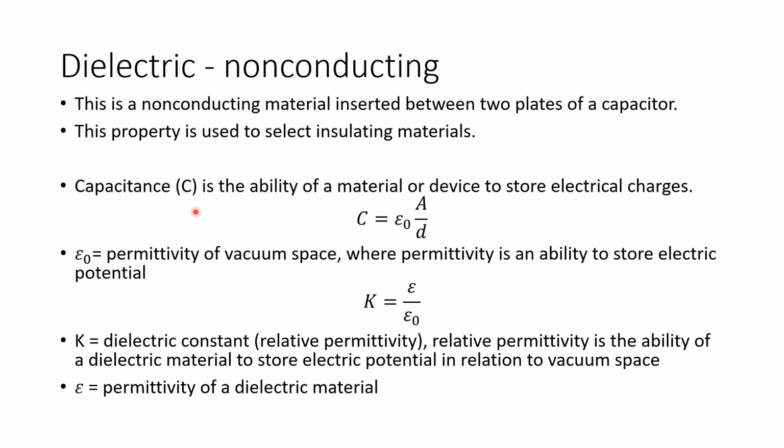So capacitance is the ability of a material. So another term, C, a big C, ability of a device, ability of a material, and that ability is to store the charges, okay, electric charges, your ions. So your capacitance is equal to epsilon naught, and then A divided by D. Some people call it epsilon zero, the same thing.